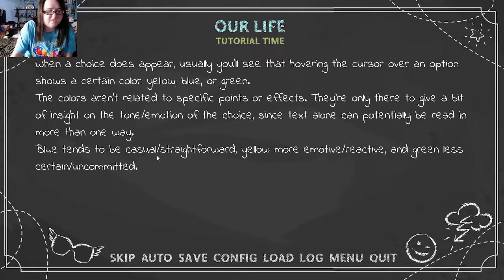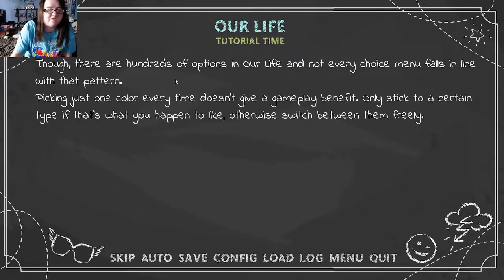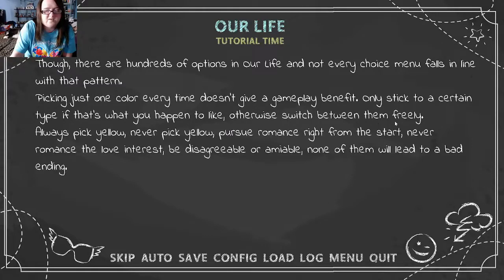Blue tends to be casual, straightforward, yellow more emotive, reactive, and green less certain, uncommitted. Though there are hundreds of options in our life and not every choice menu falls in line with that pattern, picking just one color every time doesn't give a gameplay benefit. Only stick to a certain type if that's what you happen to like. Otherwise, switch between them freely.